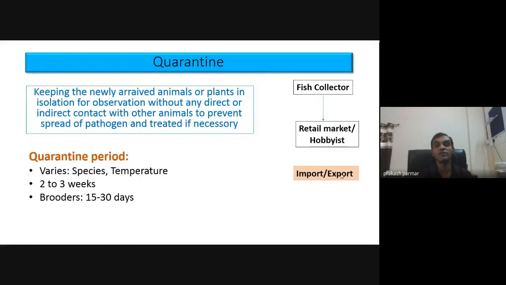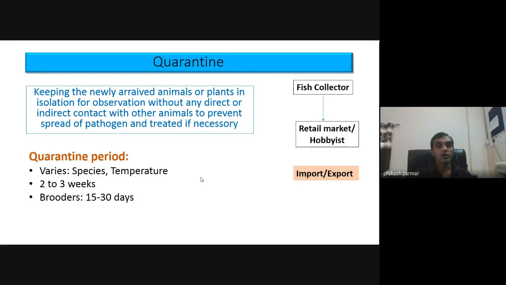In the quarantine facility, everything should be separate: tanks are separate, and whatever instruments we use, the scoop nets and all the nets, should be separate from the main areas or the main aquarium systems.